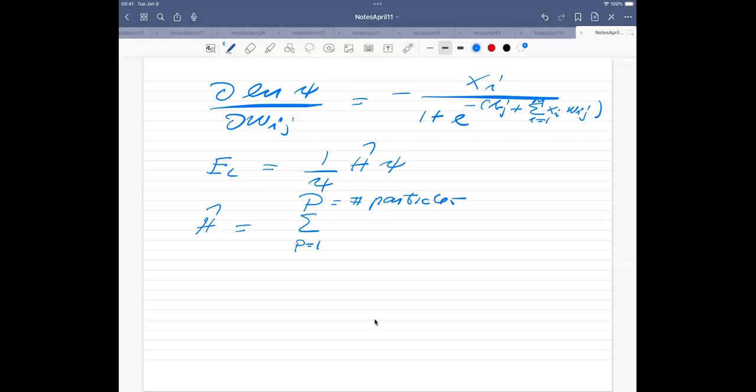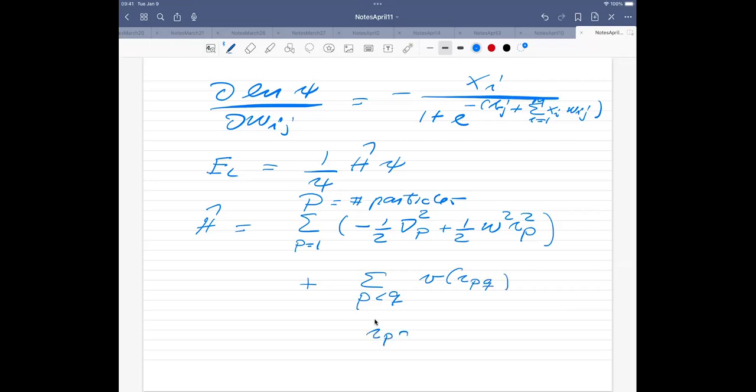Then we are going to have a kinetic energy term, minus 1/2, and then a second derivative. Then I have the harmonic oscillator, plus, with a harmonic oscillator frequency, times the position of the particles squared. Then we have a potential, a double sum, and I'm just writing this in a generic way as a function of the relative distance.